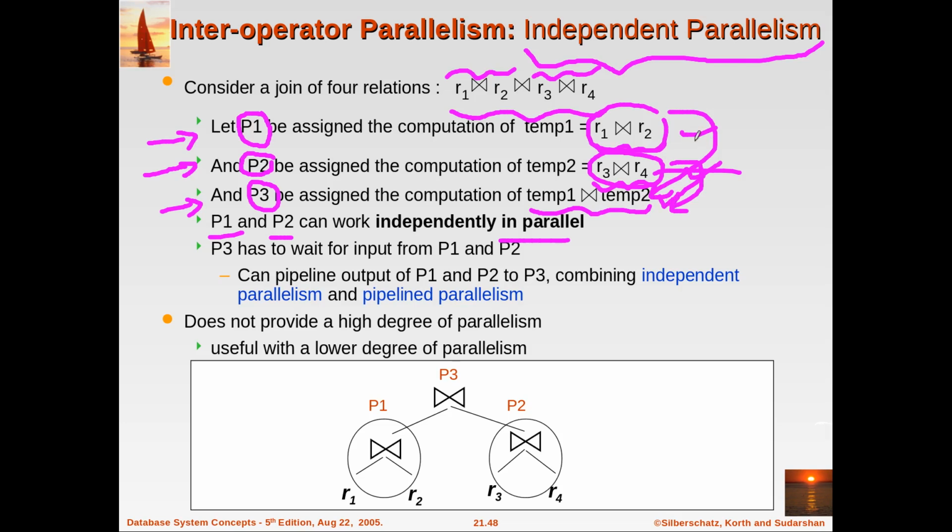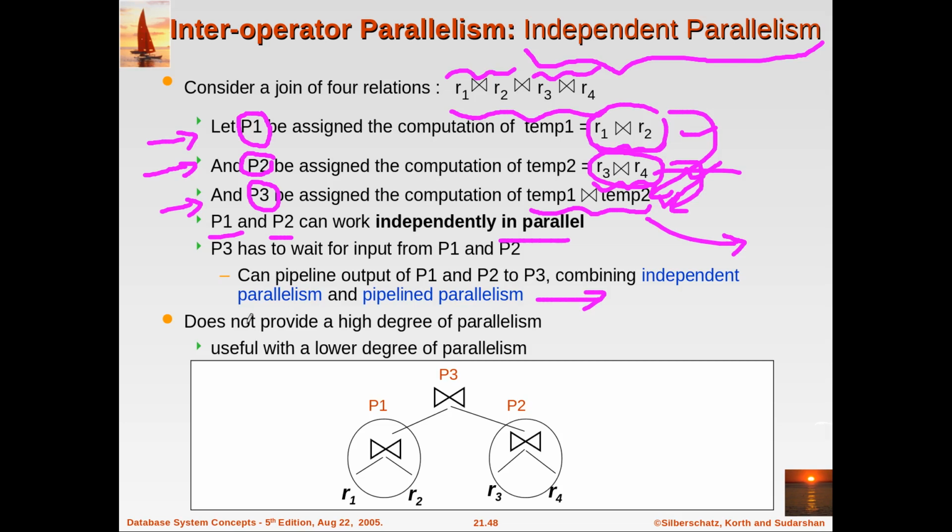Whatever tuples are generated from both P1 and P2, one by one they can be joined, and finally we can save a little more time by increasing the speed of P3 also. So independent execution of P1 and P2, then P3 waiting and finally calculating this join will take more time, and it is always better to apply pipelining from P1 and P2 to P3, combining independent parallelism and pipeline parallelism.